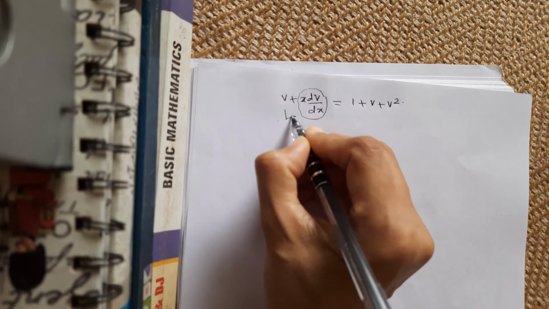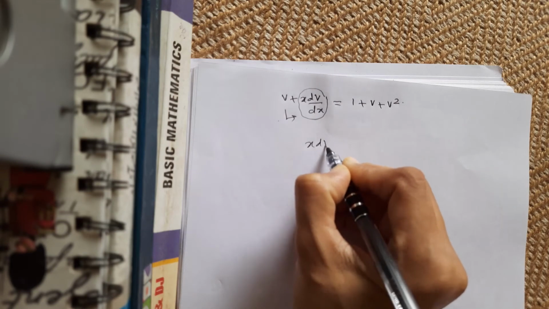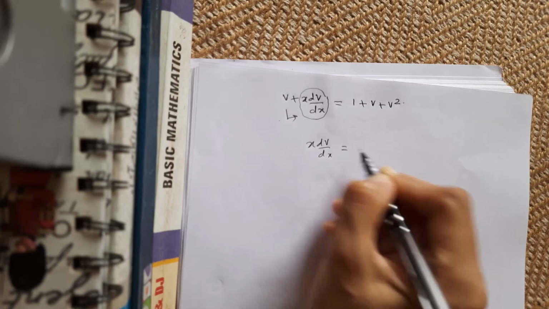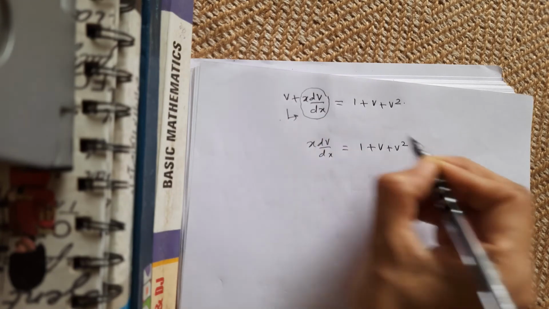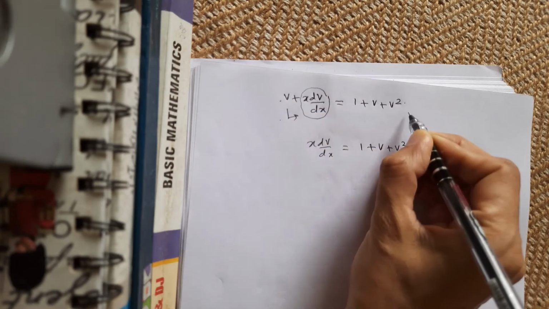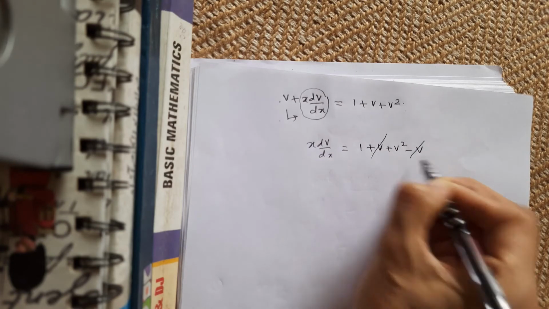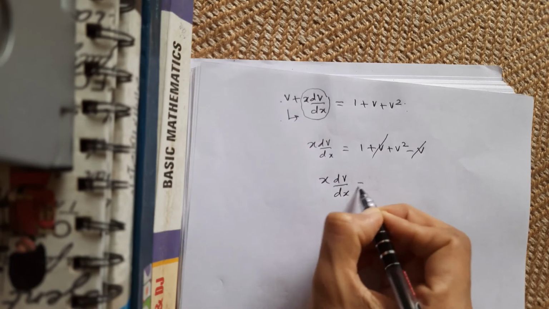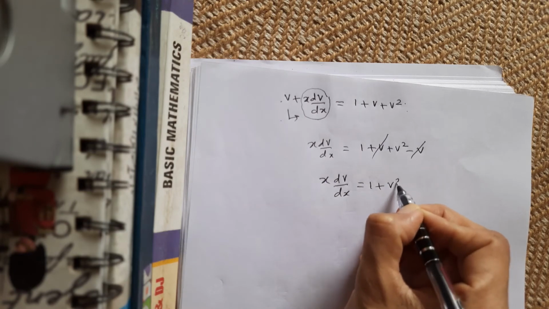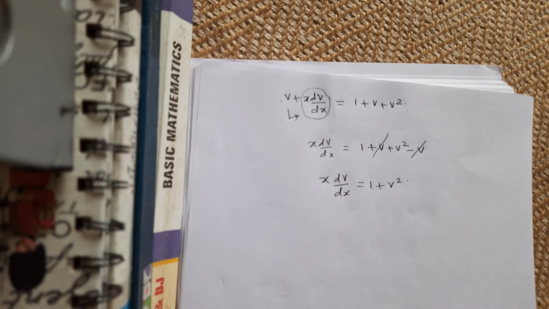So just shift this v to this side. I will get x dv by dx equal to 1 plus v square minus v. This is plus v, so we get minus v. This gets cancelled and I have x into dv by dx equal to 1 plus v square.